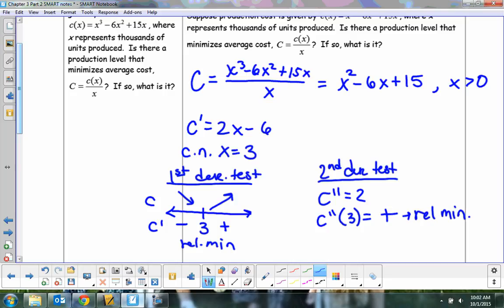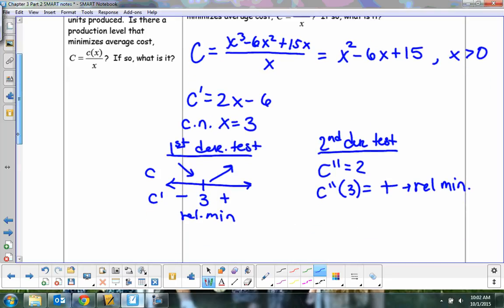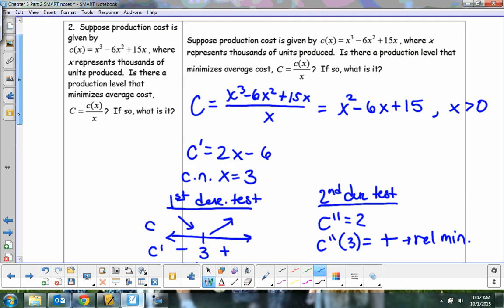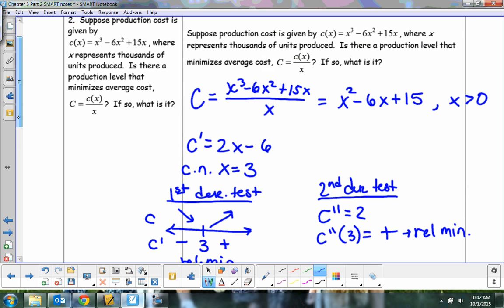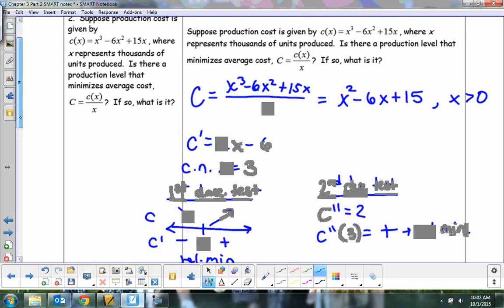Okay, so regardless of which way you decided, did you get it to be a relative min? Alright. Now keep going. Thousands of units produced.